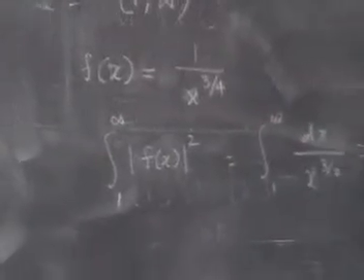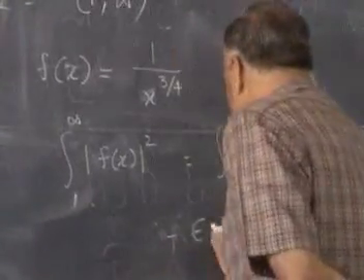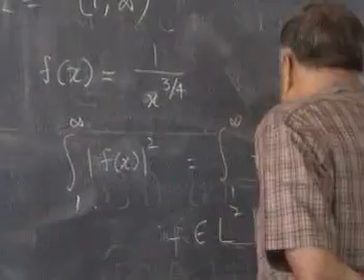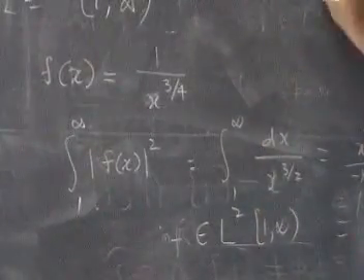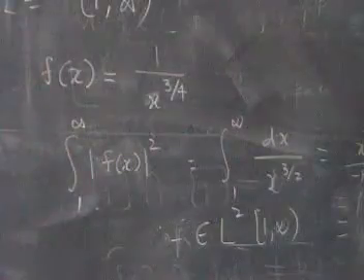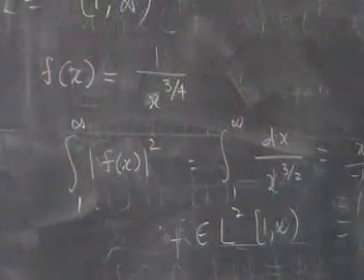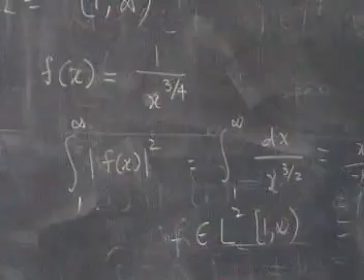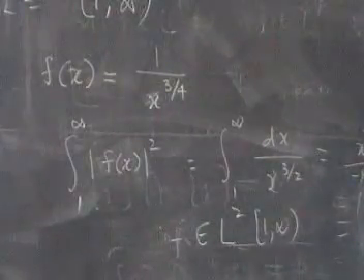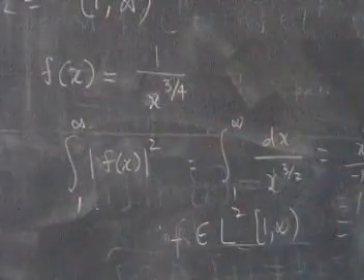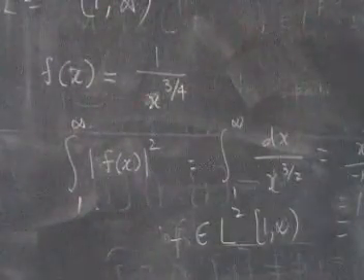Therefore, f is in L2 of omega. But the integral of mod f dx is the integral from 1 to infinity of dx by x to the power of 3 by 4. What happens to this?